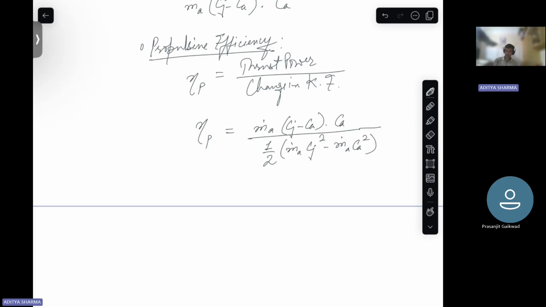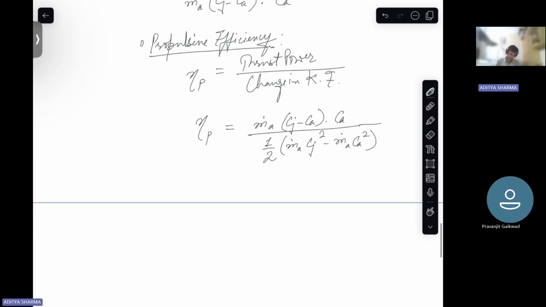Okay, so let's continue with the session. Then we have seen propulsive efficiency. After that, we have energy conversion efficiency.